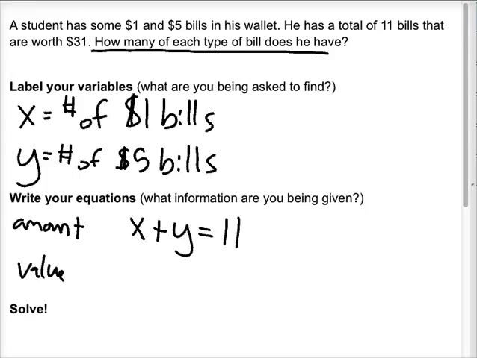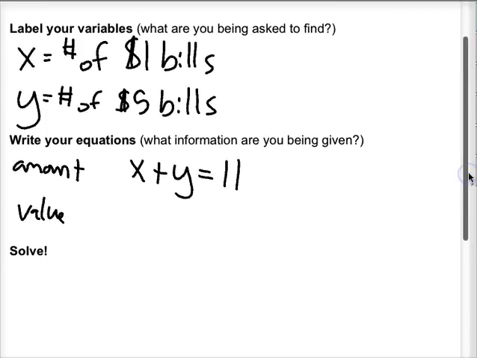And then we have their value. We kind of have the cost of the money in his pocket. So it says that they total to $31. So what that means is every dollar bill is worth $1. So altogether, they're going to be 1 times however many there are. For the $5 bills, what are they going to be worth?